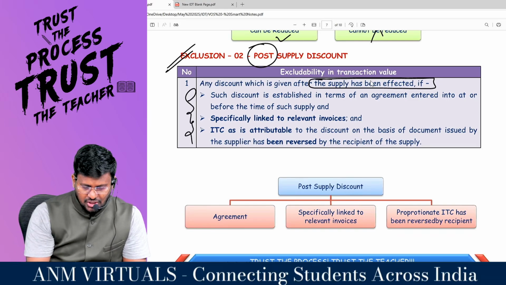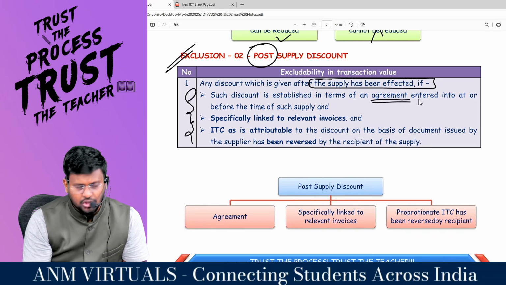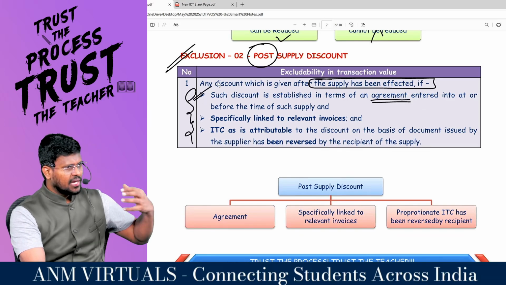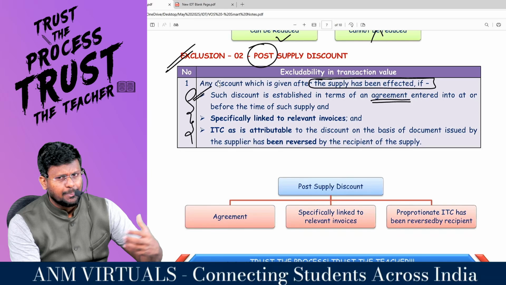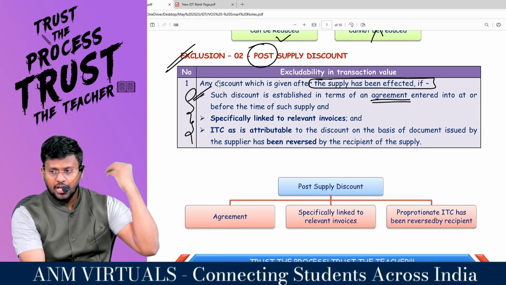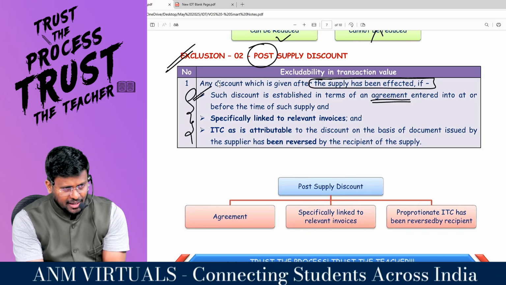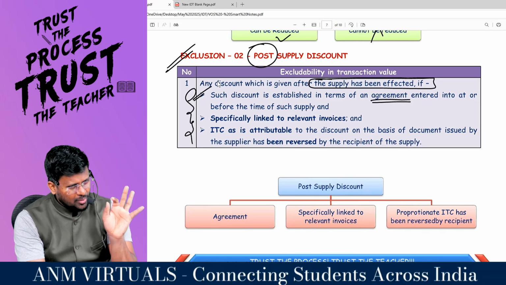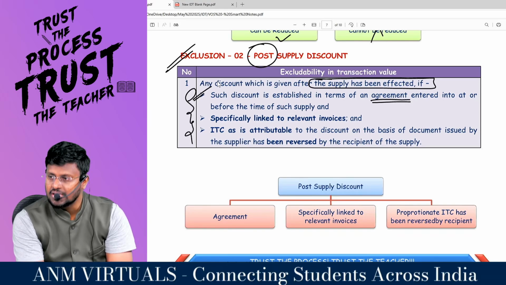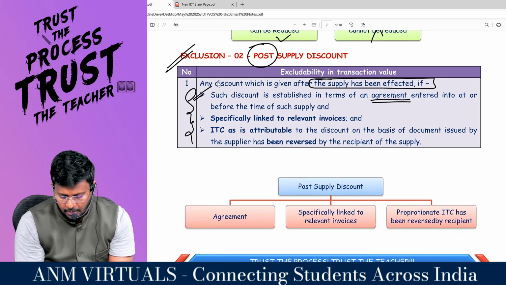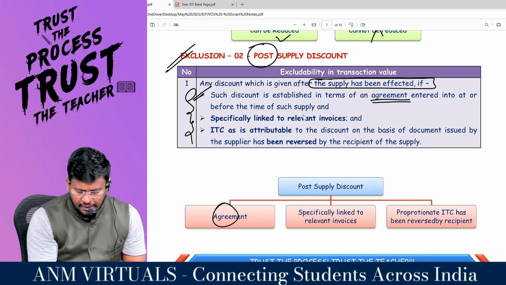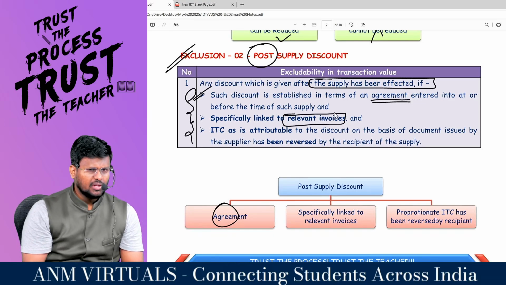If such discount is established in terms of an agreement entered into before the time of supply. That means, sir, before I make supply to you, myself and yourself should have an agreement. In future, if you sell 1,000 cookers, 1,000 washing machines, 1,000 TVs, you are entitled to get a discount. So there should be an agreement. And it is specifically linked to relevant invoices.